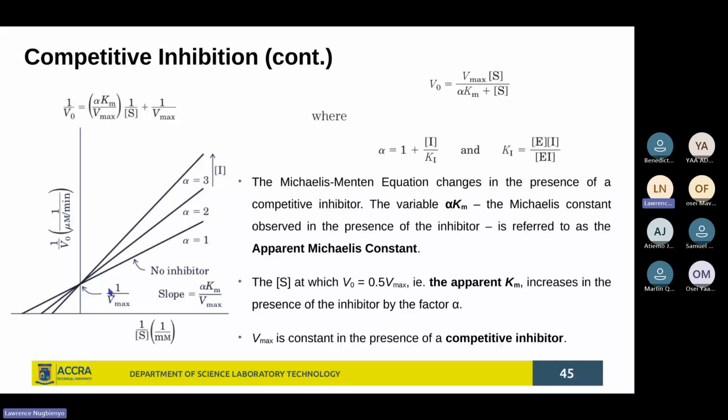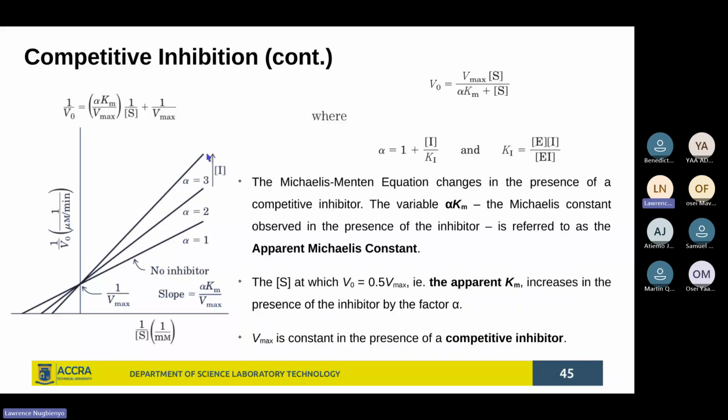And that is what is depicted here. You remember the intersection on the horizontal axis will give you the Michaelis-Menten constant, which is half of the concentration of the substrate which is needed. And you see that as the concentration of the inhibitor is increasing, the Michaelis-Menten constant is also increasing.